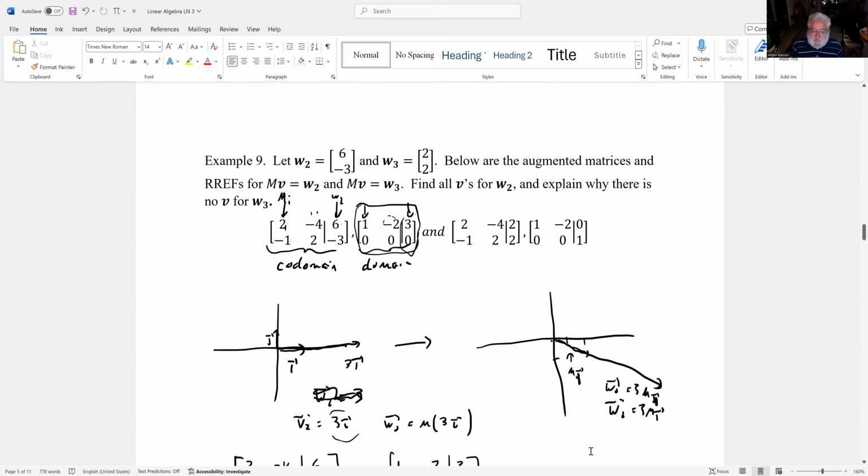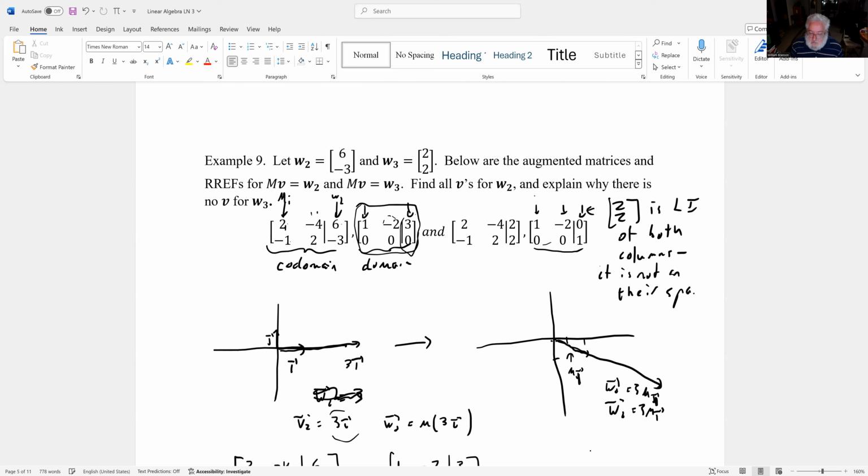When we're looking at this one, though, this equation boils down to saying that this vector and these two vectors are linearly dependent, but that this one is actually linearly independent of both of those. And so that's a way to interpret that, right?